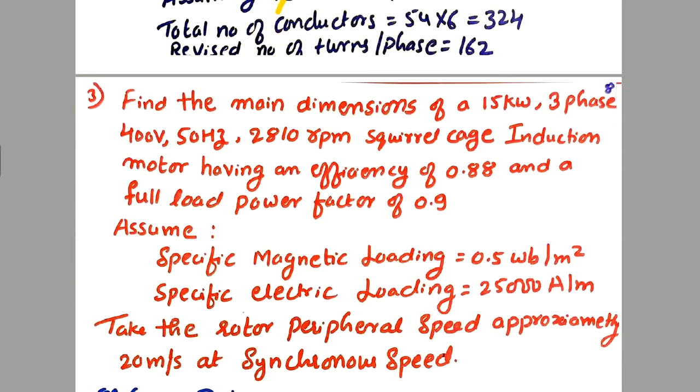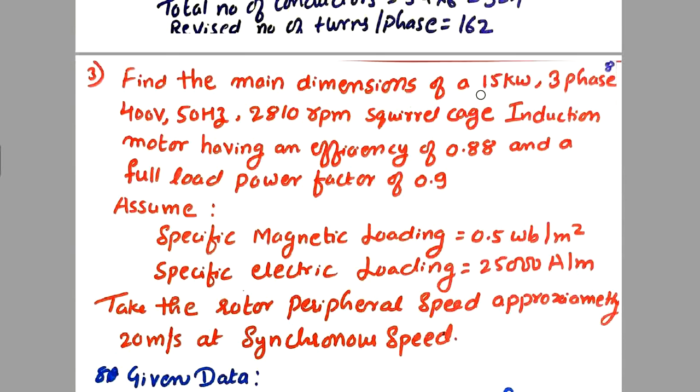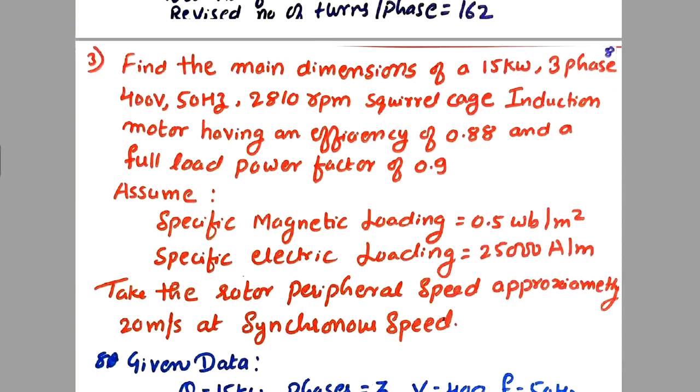Then coming to the next problem: find the main dimensions of a 15 kilowatt, 3 phase, 400 volt, 50 Hz, 2810 rpm squirrel cage induction motor. Efficiency of 88%, full load power factor 0.9, specific magnetic loading is 0.5 Weber per meter square, specific electric loading is 25,000 ampere conductors per meter.